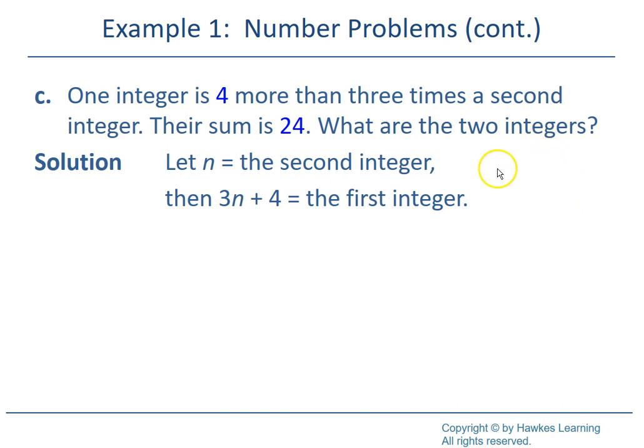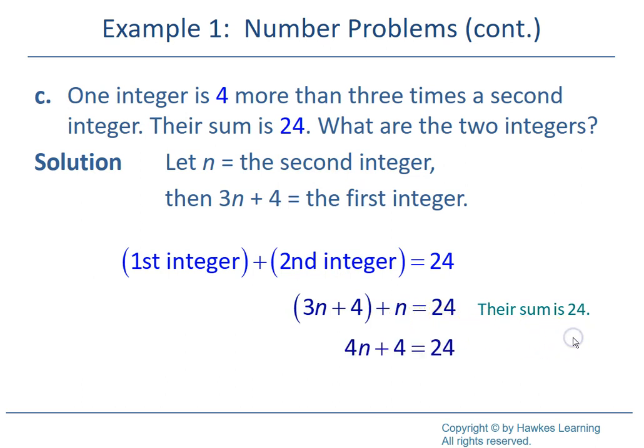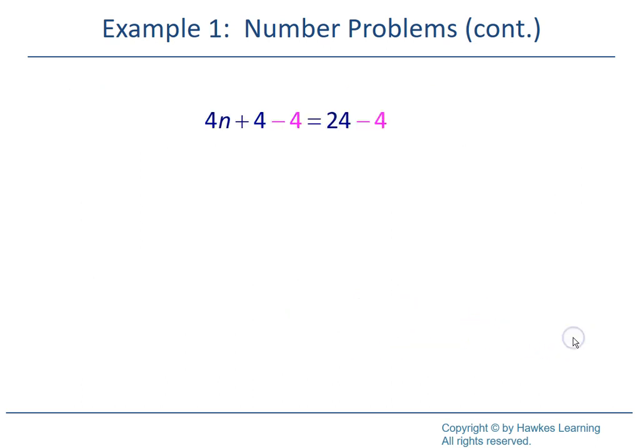Then the first integer will be 3 times the second integer plus 4. So the first integer plus the second integer, they're saying their sum is 24. And then you put in your values, the first integer, the second integer, and solve it.